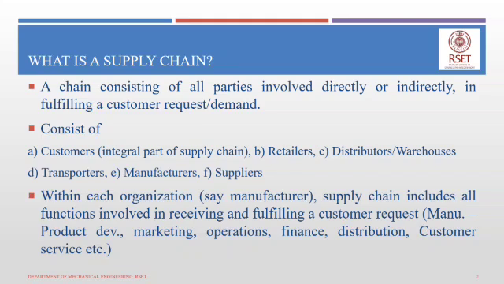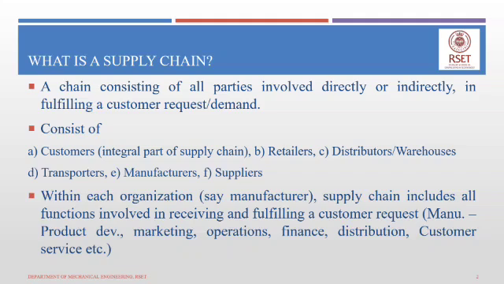Then another integral part of the supply chain might be wholesalers, distributors or warehouses. Now these are intermediaries which basically buy their products from manufacturers and supply them to the retailers as and when required. So they are involved in bulk purchasing of items from the manufacturer. They are involved in storing them.